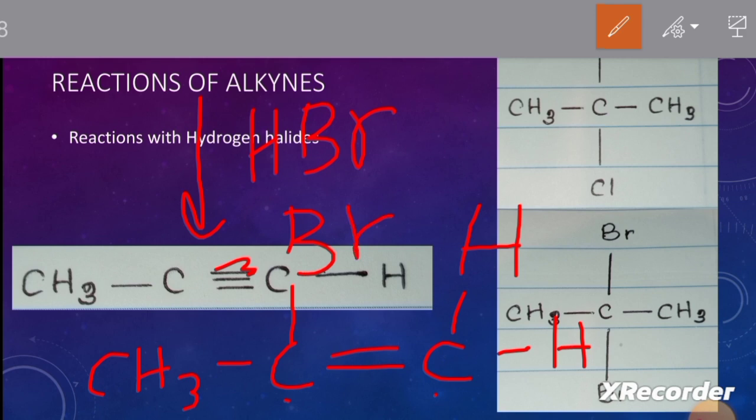In the next step, this bond breaks and a bromine and hydrogen join to this alkene. So hydrogen goes to the carbon with more hydrogen according to Markovnikov's rule, and bromine goes to the carbon with fewer hydrogen.